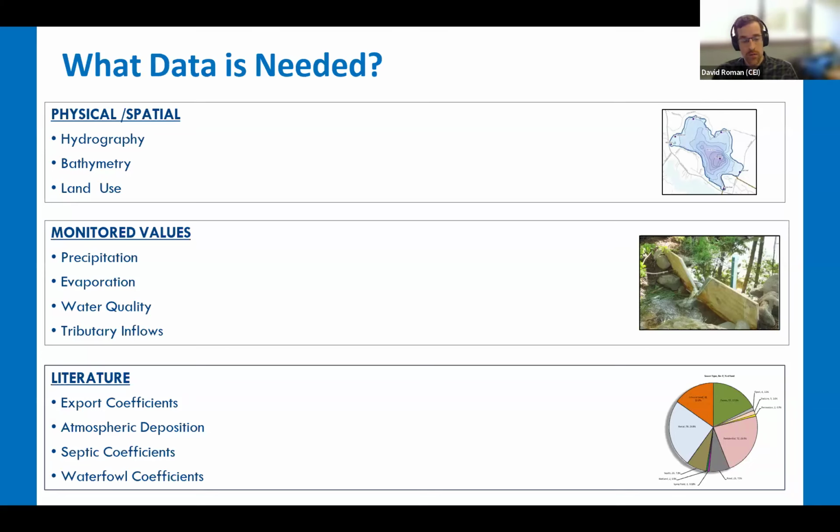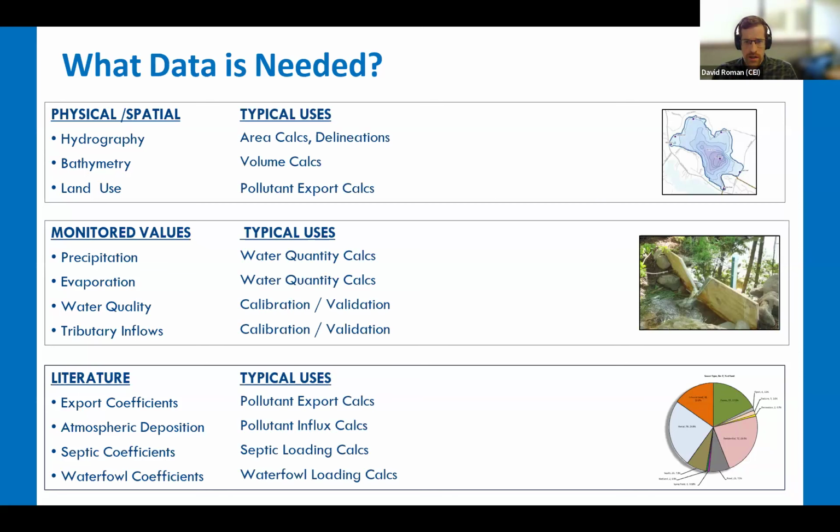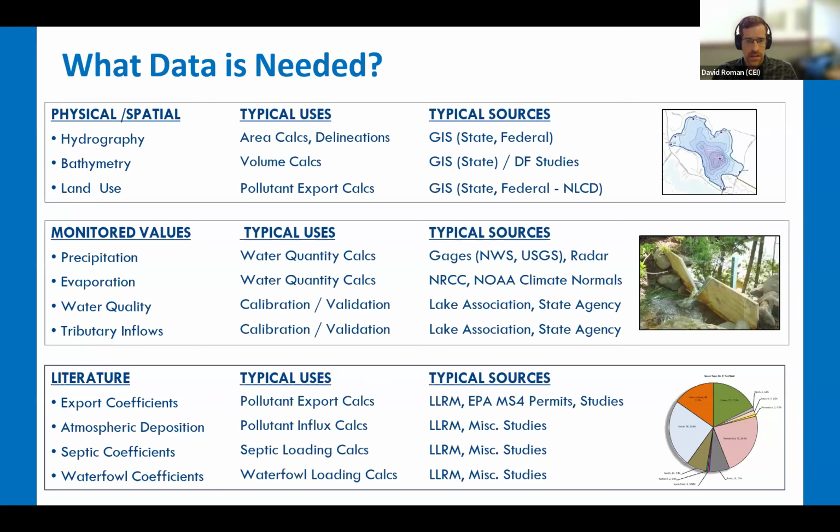And then there's always information from the literature for different parts of the model, like atmospheric deposition. This data is generally available, so you can get a lot of information from GIS data sets, weather gauges, or miscellaneous studies.